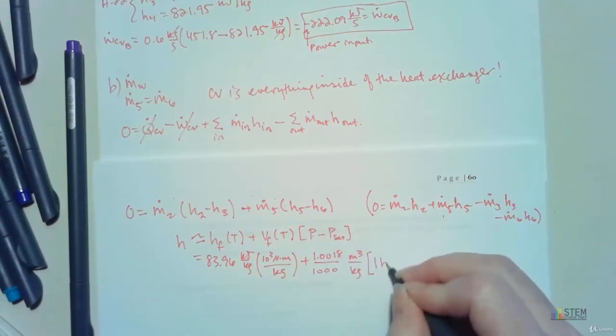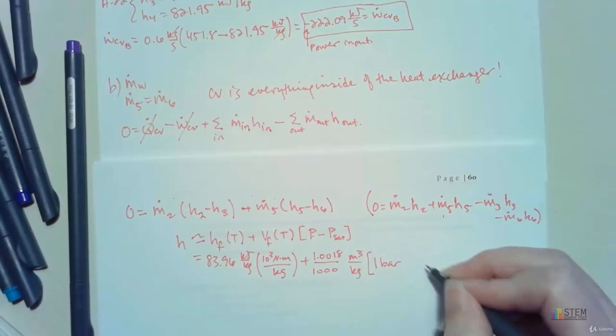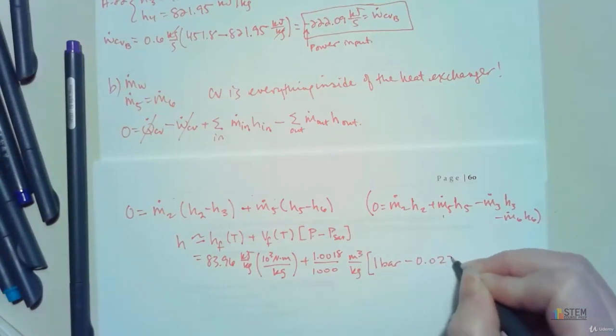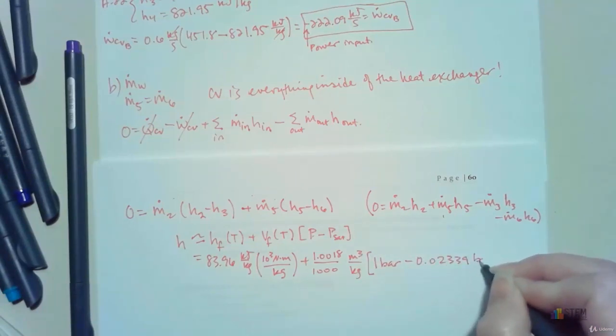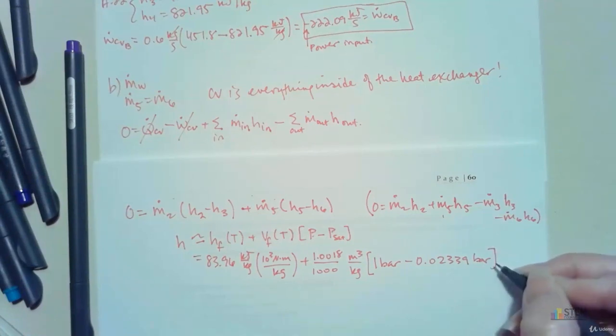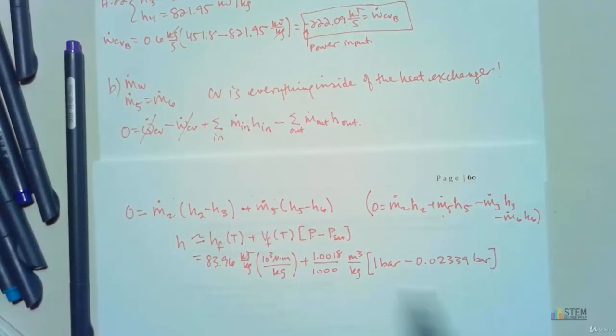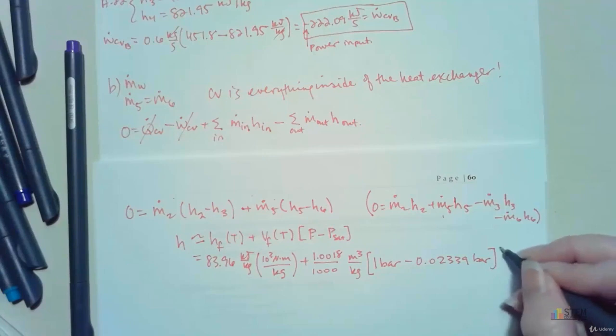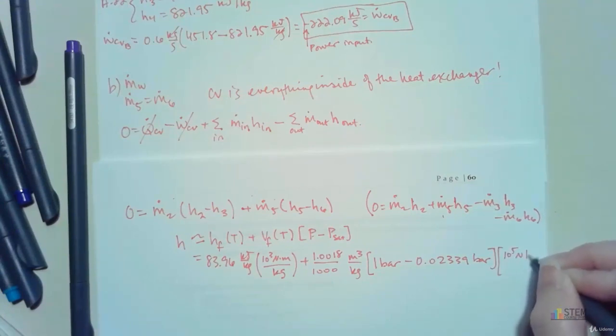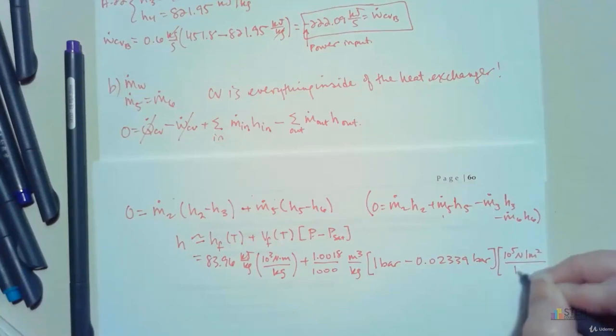Our pressure is 1 bar. Saturation pressure is 0.02339 bar. And again, let's go ahead and get in Newton meters. So our conversion will be 10 to the 5th Newton per square meter per 1 bar.